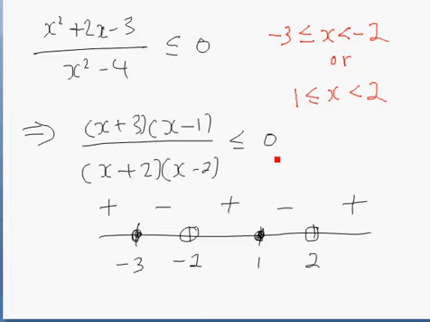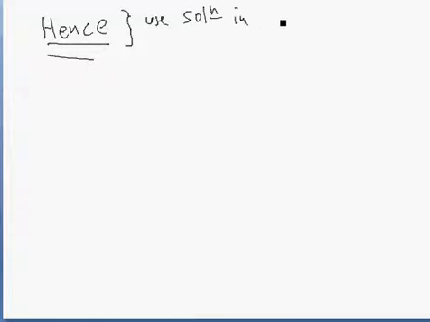Now for the second part, please note the word hence. What does hence mean? It means use the solution in previous parts to solve the next parts. Take note, we have the second inequality given by this.